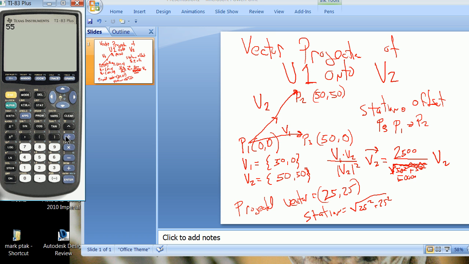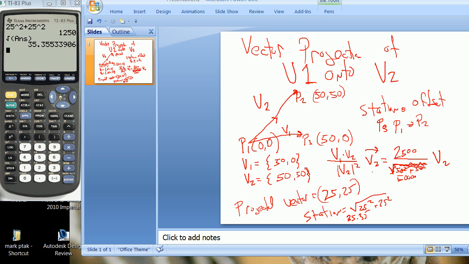We're going to take 25 squared plus 25 squared, but it's just the length that we're talking about here, and then we're going to take the square root of the answer, or the number in the stack, if you would, and that's, of course, 35.35. And so the station turned out to be 35.35 from the beginning station.